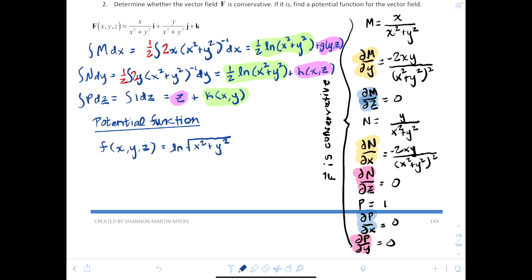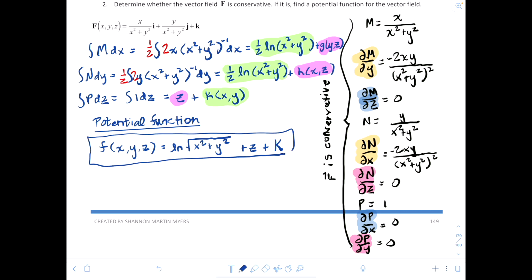And then that was our k of x and y, plus z plus some constant k. Groovy? All right, so we found our potential function. And we're good to go.